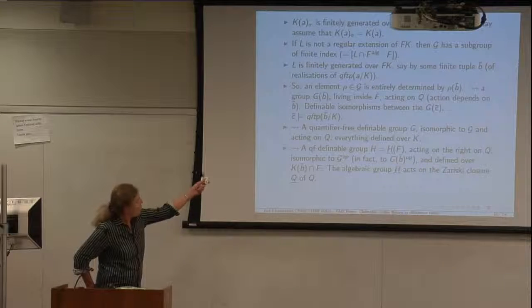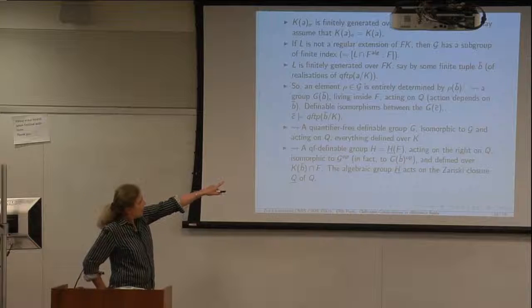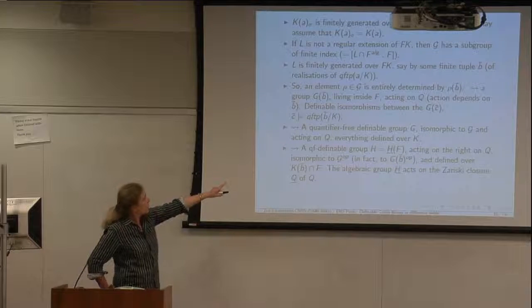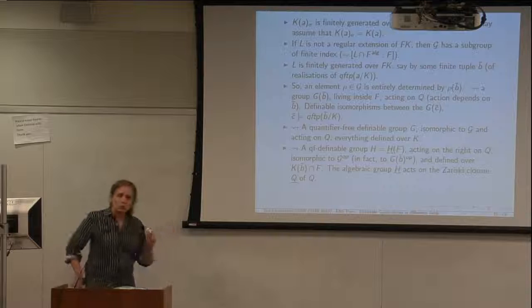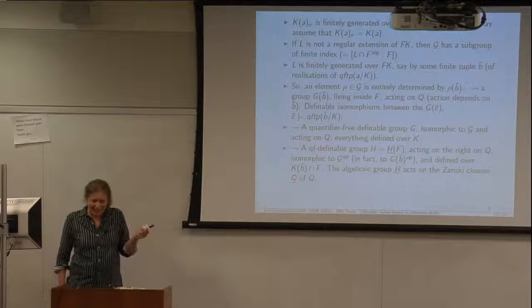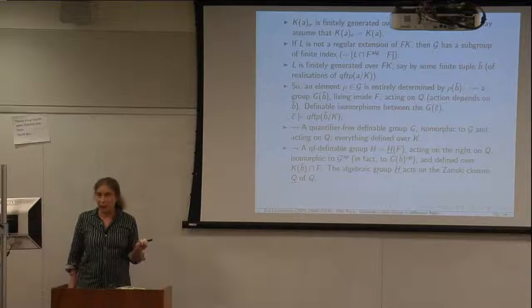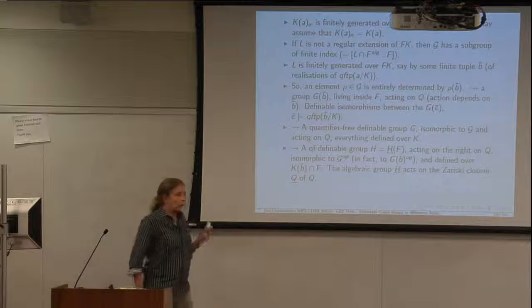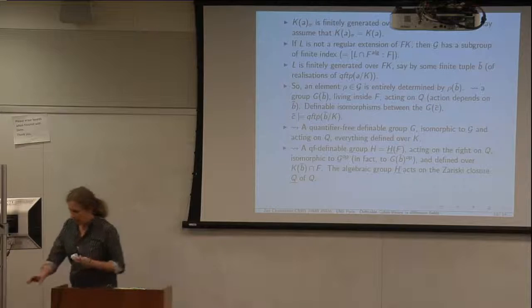They are defined a priori over K of B bar. Actually, this H is defined over K of B bar intersect F, which is a bit smaller, but it might still be bigger than my K intersect F. For instance, yeah, right.